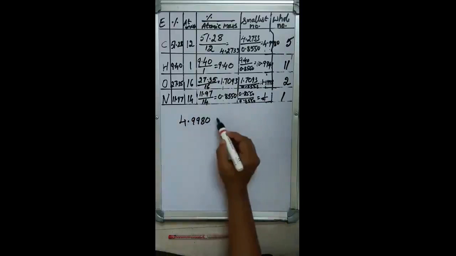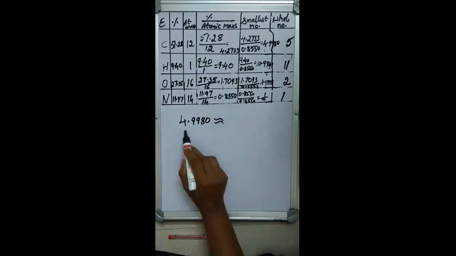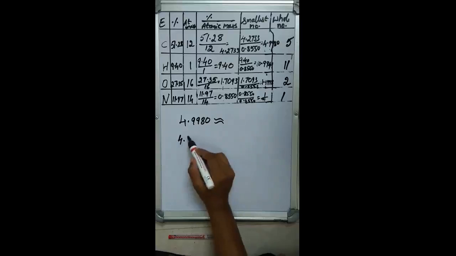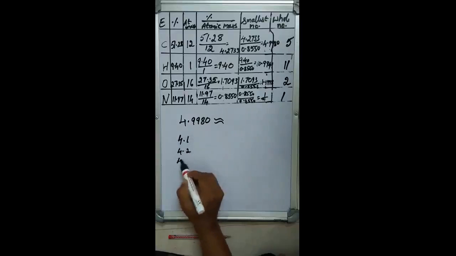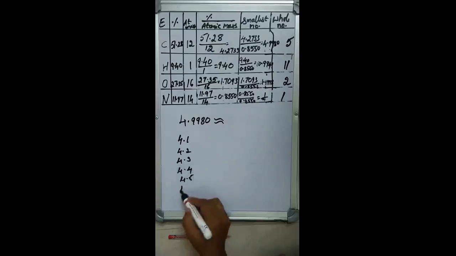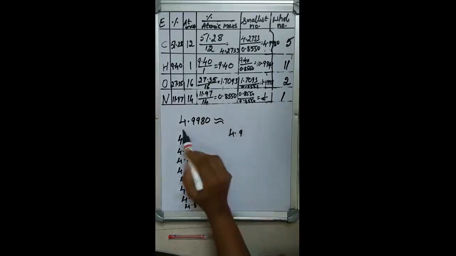This number you have to convert into a whole number. Just as an example, I will write 4.1, 4.2, 4.3, 4.4, 4.5, 4.6, 4.7, 4.8, then 4.9. After the point, only one digit I have written.